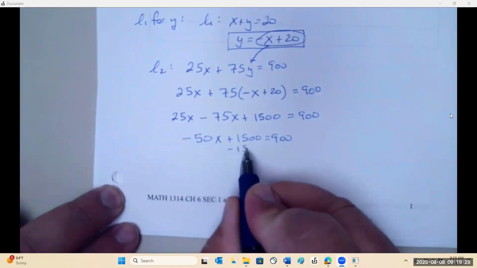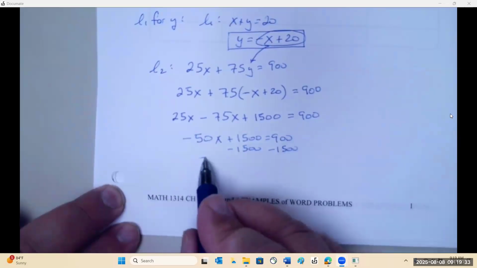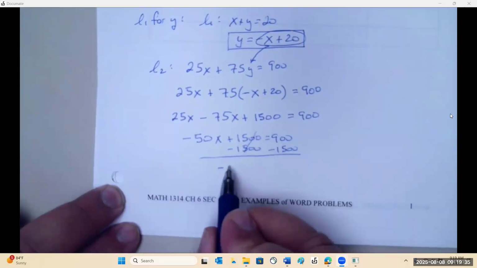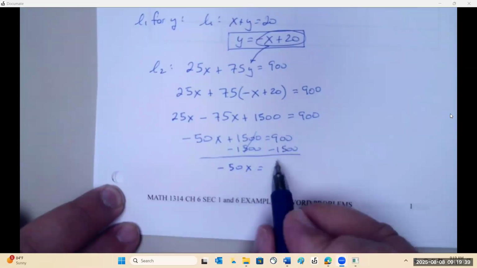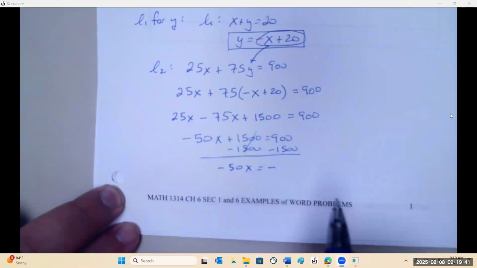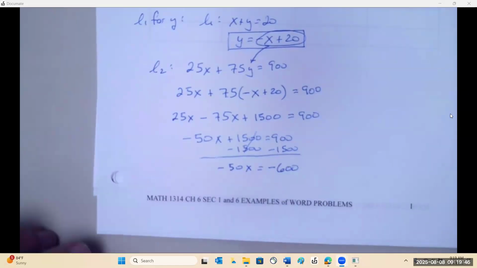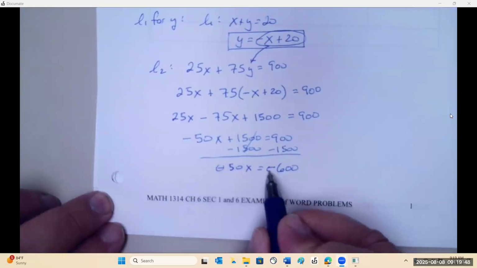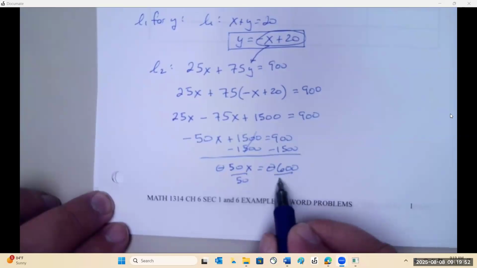Let's subtract 1,500 from both sides. So we have negative 50x, and it should be negative. 15 minus 9 is 6. Change the signs. Divide by 50.